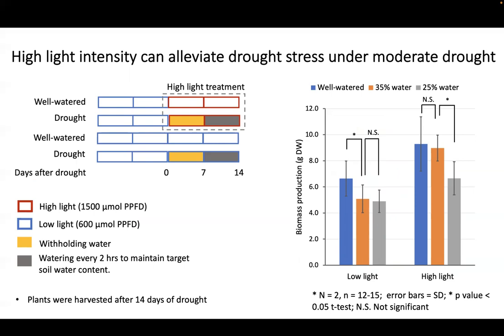In the low light group, we found that after 14 days of drought treatment, they show a significant difference between the well water group and the 35% water group. But in the high light condition, the 35% water group's biomass actually increased, and they have a similar level to the well water group.